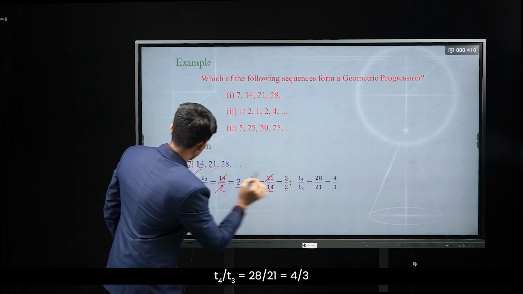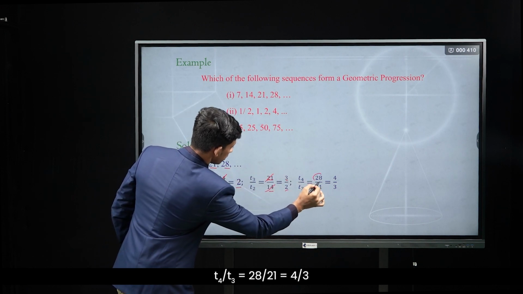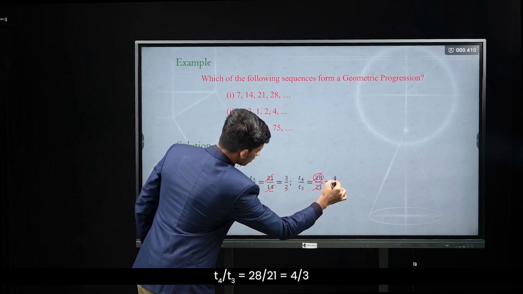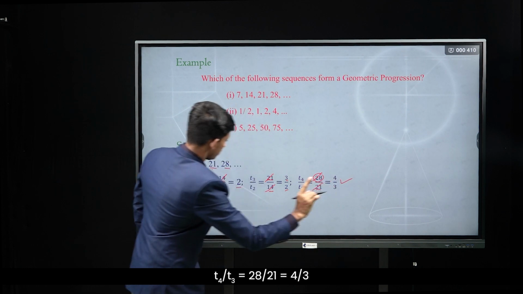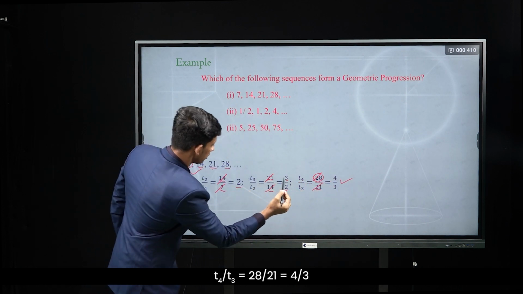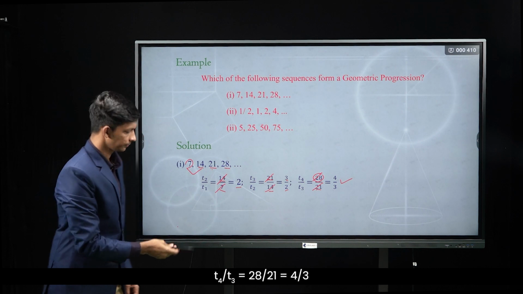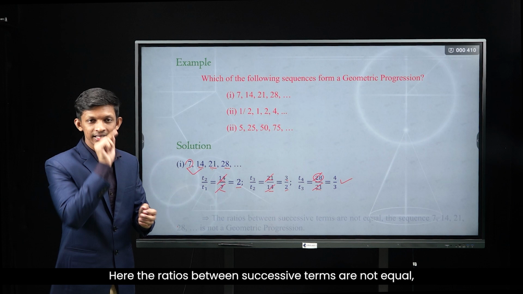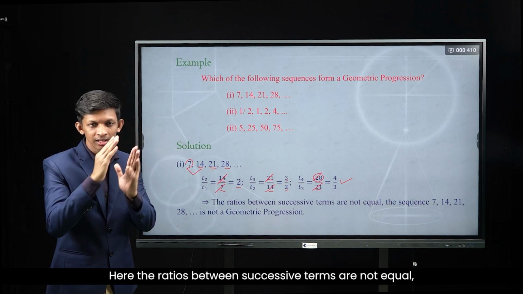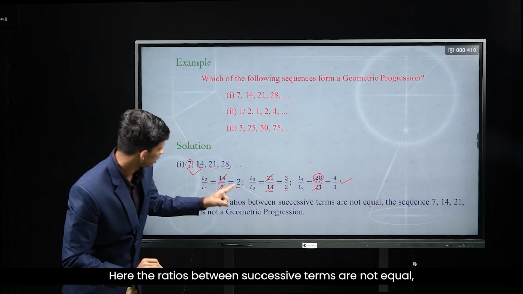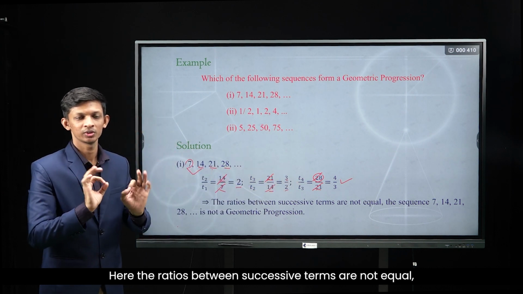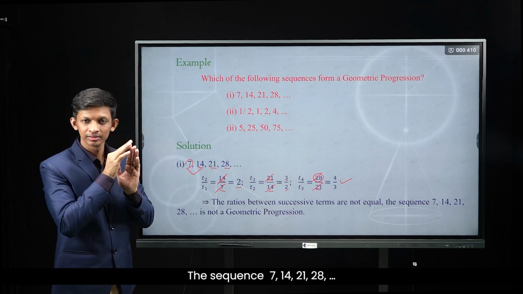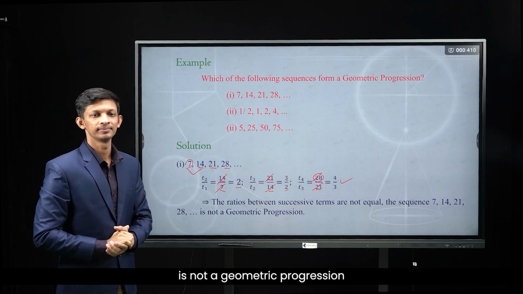T4 by T3 is equal to 28 by 21, which is equal to 4 by 3. Here, the ratios between successive terms are not equal. The sequence 7, 14, 21, 28, and so on is not a geometric progression.